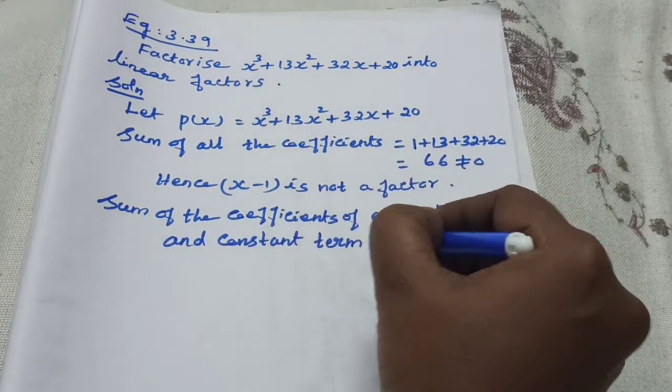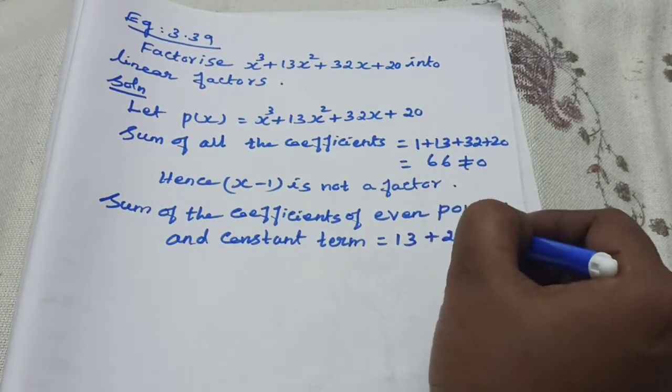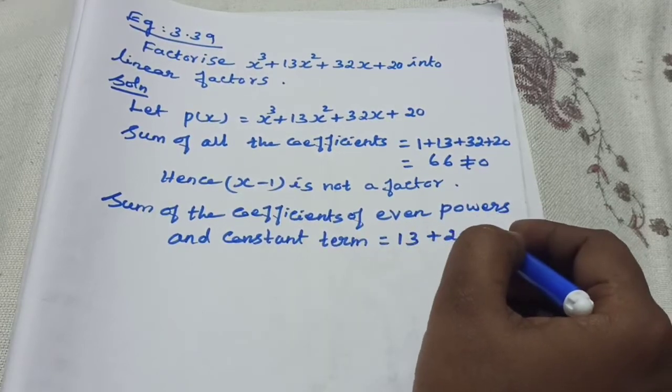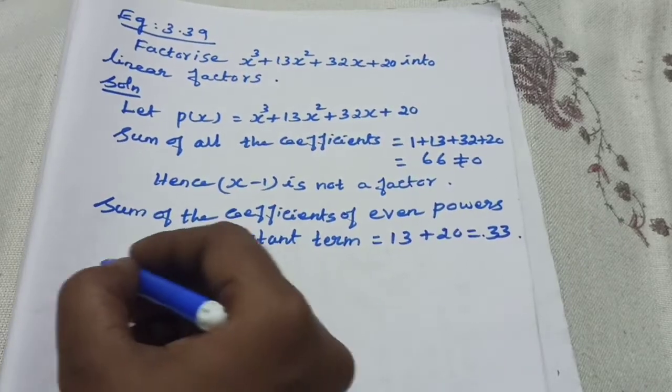And then the quotient is 13. Then add the constant 20. Both also added. Then 13 plus 20 is 33. Isn't it? Next we have to check the sum of the quotients of odd powers.